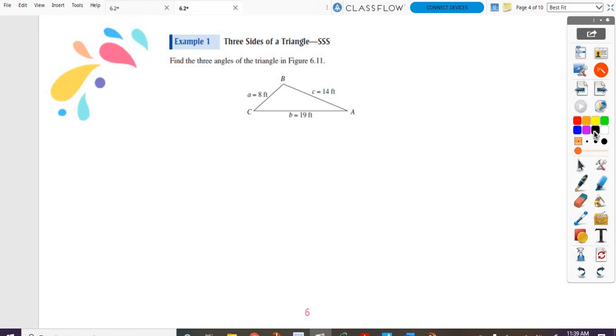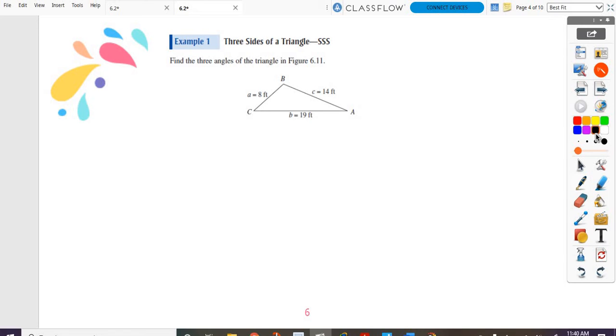Remember that my law of sines is a divided by sine of big A equals b divided by sine of big B, or c divided by sine of big C. We have enough information to plug in a and b for our sides, but do we have any angles to plug in? No. So we can't use law of sines, because we don't have enough information to solve for anything.